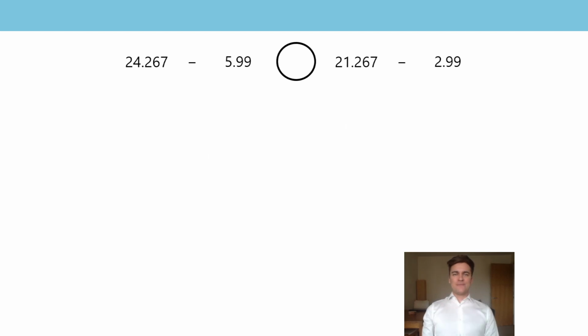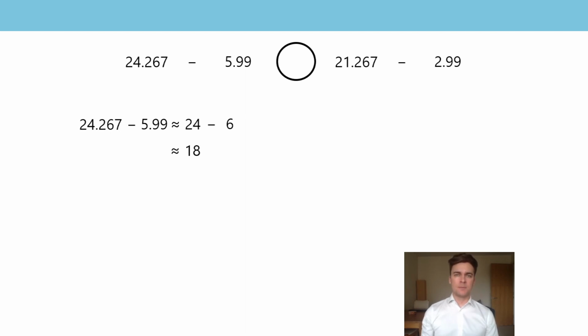Okay, third problem. Did something unexpected happen here when you were looking for the missing symbol? Let's have a look and see why. Did you round your left-hand side expression to the nearest whole numbers? So what was your approximately equal to expression? 24 subtract 6, which is equal to 18. So the left-hand side expression is approximately equal to 18.